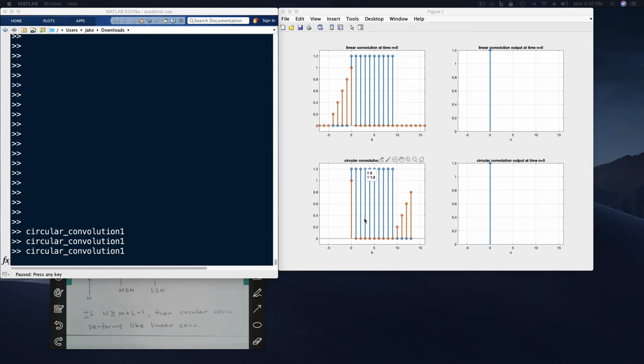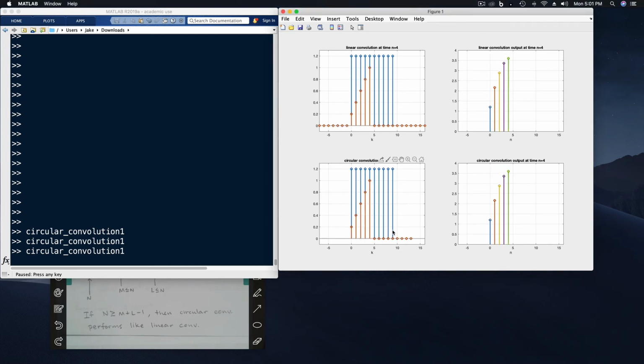And notice that in this case, where we went with N equal to the very minimum, the negative time samples in the impulse response, when they wrap around in the modulo N case, don't overlap the input signal. And as a result, as we step this through, the circular convolution will perform just like linear convolution.